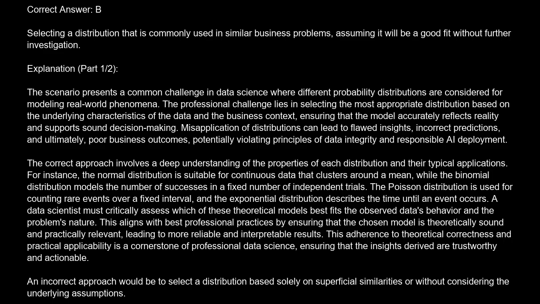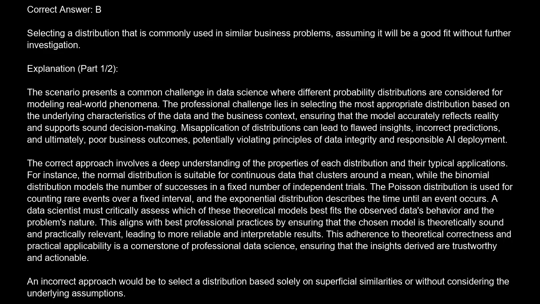Misapplication of distributions can lead to flawed insights, incorrect predictions, and ultimately, poor business outcomes, potentially violating principles of data integrity and responsible AI deployment. The correct approach involves a deep understanding of the properties of each distribution and their typical applications.